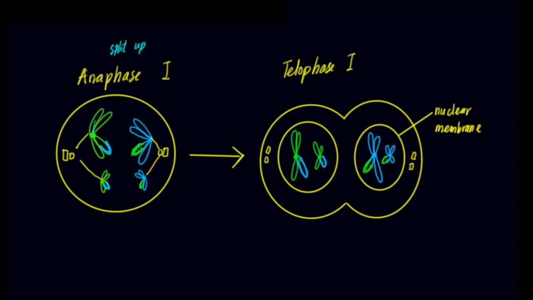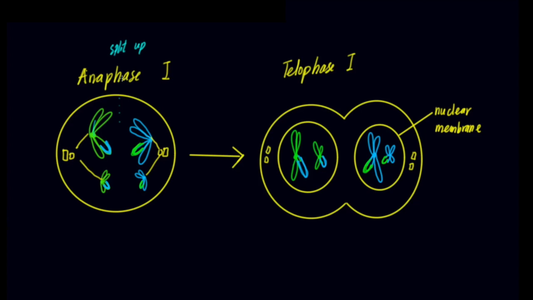They have exchanged some information. The same applies to the other pair of homologous chromosomes. In anaphase 1, the homologous chromosomes split up and move to opposite poles of the cell. Each chromosome still has 2 sister chromatids.